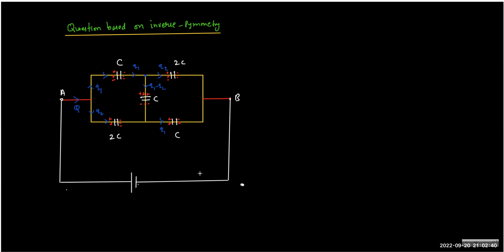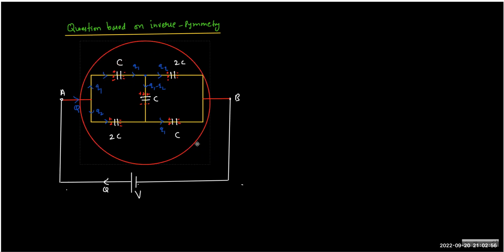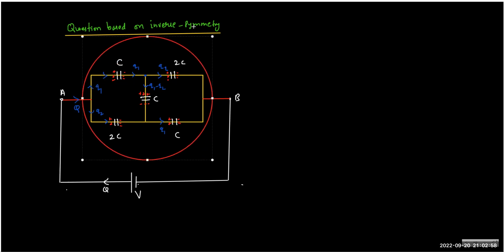So first of all, how do we solve a question in which we have a circuit? We connect a battery and we assume some charge from the battery called Q. And we know that every circuit can be replaced by one equivalent capacitor, because it is purely reducible, isn't it?